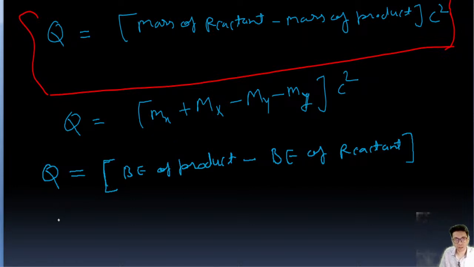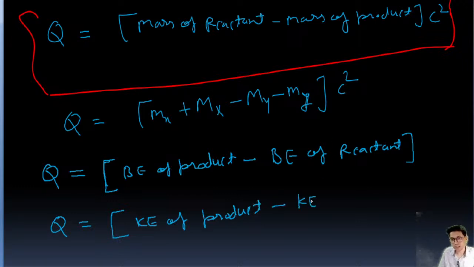Or with another formula, Q value is also kinetic energy of product minus kinetic energy of reactant.